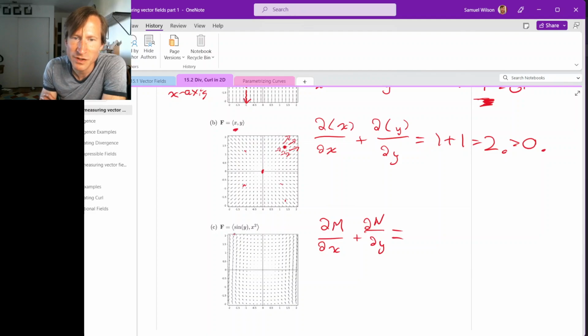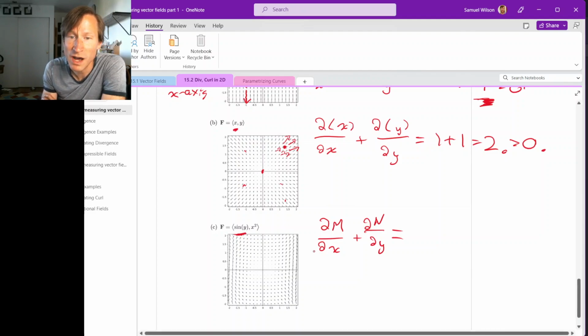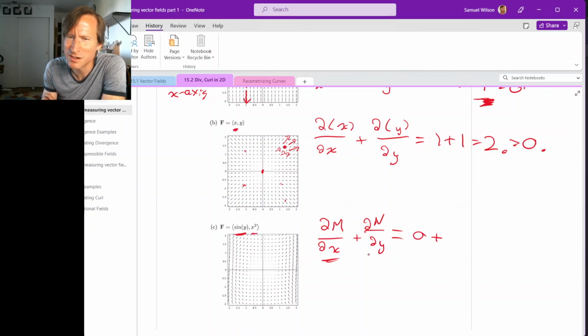The derivative of sine of y with respect to x is 0, plus the derivative of x squared with respect to y, that's also 0. So this is 0. What this should tell us is that this vector field, on net, doesn't flow into or out of any point.